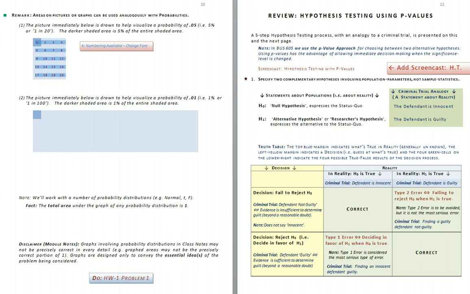The second box indicates a darkened area that's 1% of the total. If a blindfolded individual threw darts in the direction of this rectangle, about 1 out of every 100 darts that actually hit the rectangle would end up in the darkened area.